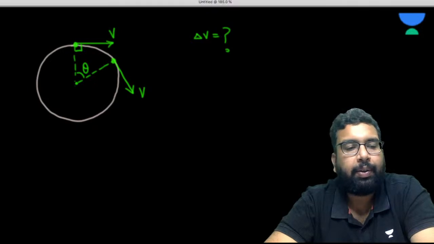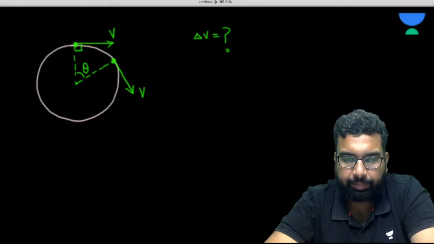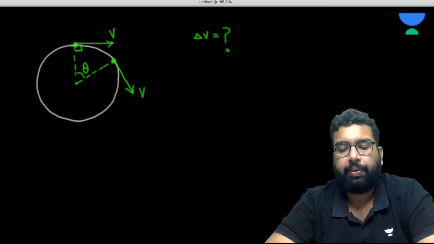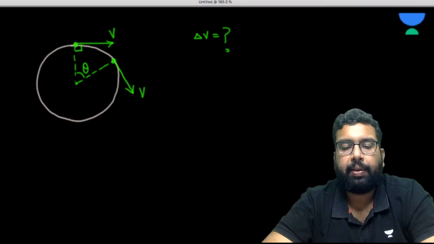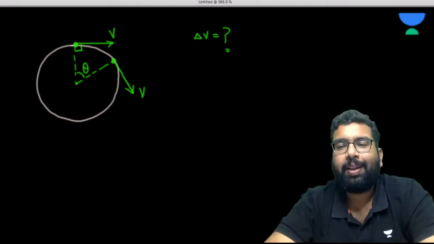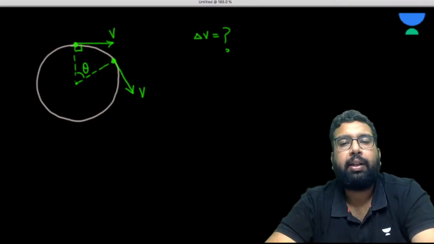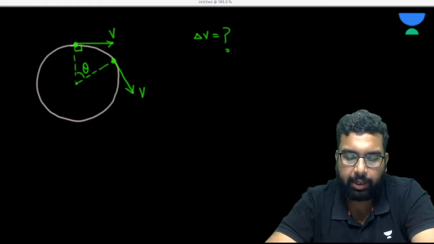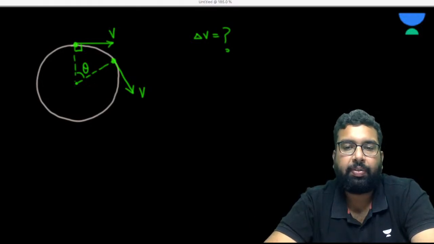So you can generalize this formula. See how you can do it. Try to make the formula in terms of V1 and V2. When I have given you the information in terms of V and theta, the final answer should be in terms of V and theta only. So what is this V1, V2? Are you getting my point? Please try to do that.